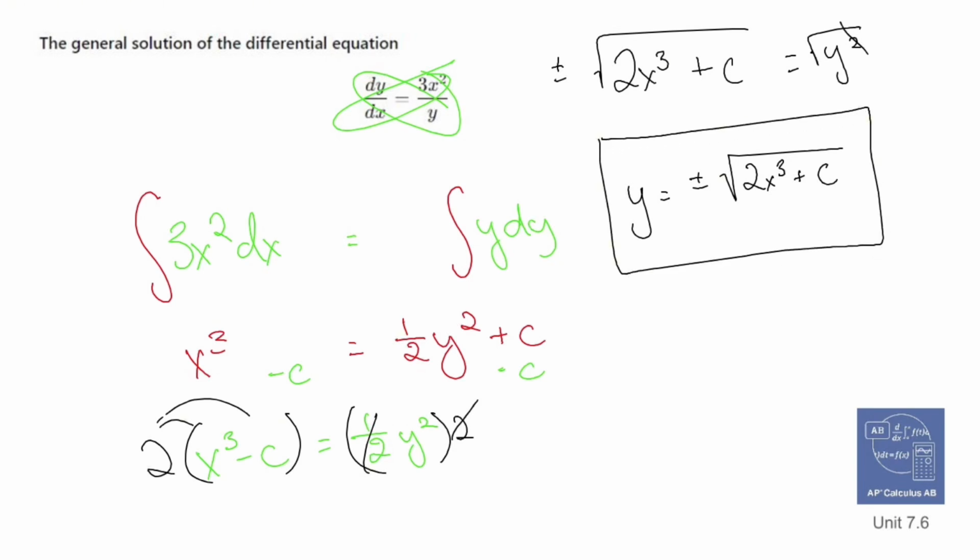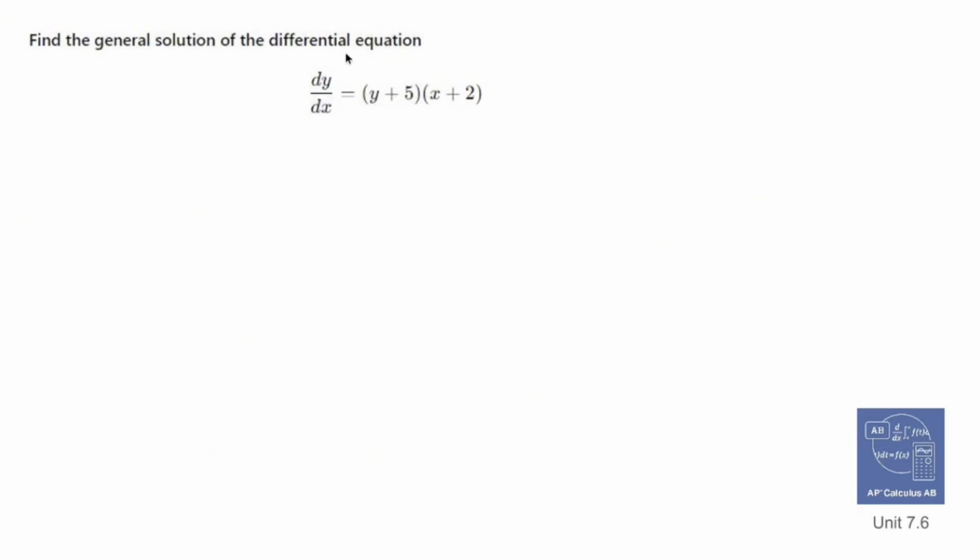Fun stuff. Find the general solution of the differential equation dy/dx equals (y plus 5) times (x plus 2). So this is what we need to do. We need to separate the variables with their respective dy and dx.